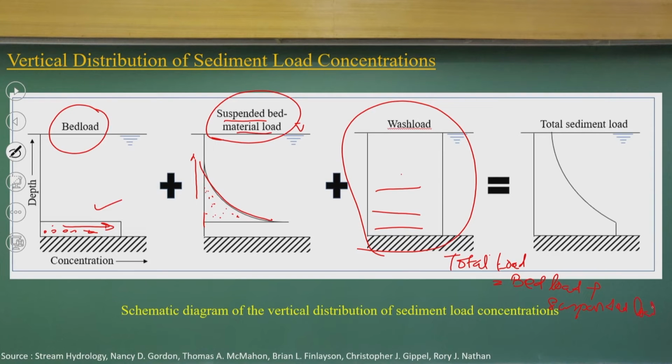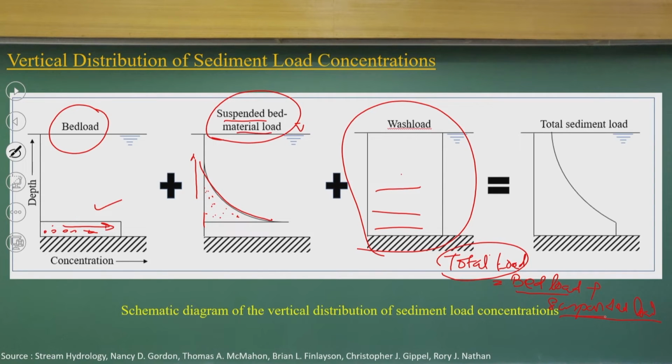So, we neglect the wash load component. Please try to understand how the sediment concentration is distributed vertically: bed load, suspended load and wash load. If you consider the wash load, the total diagram will come like this, but for the total load from a morphological point of view, we have a combination of bed load and suspended load. That is the concept we follow.